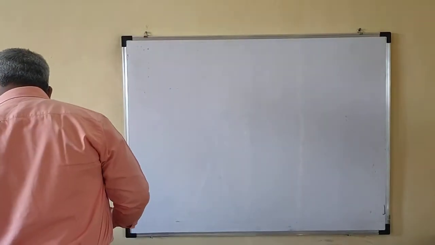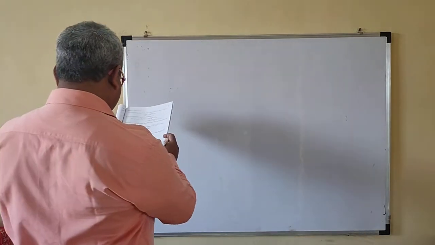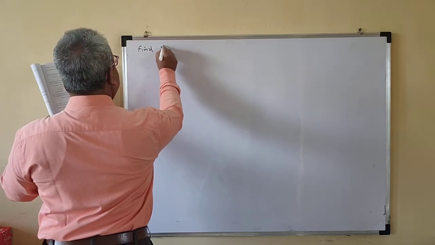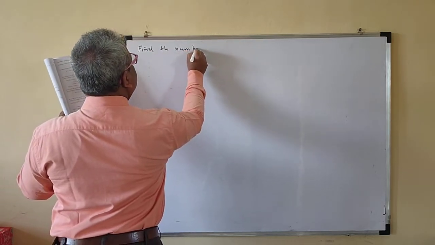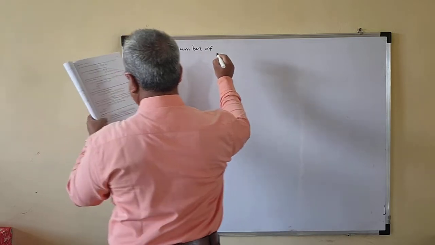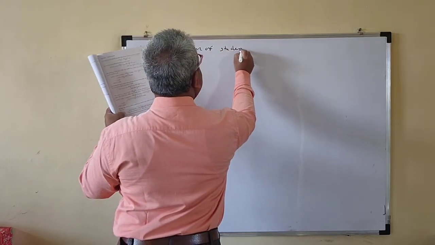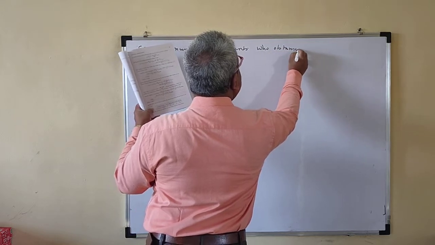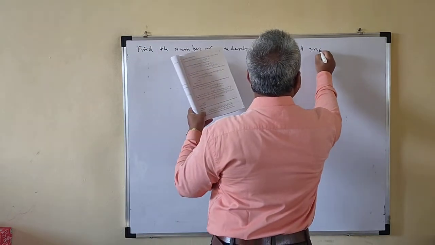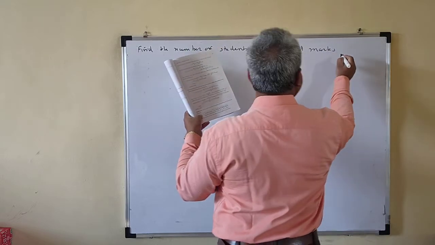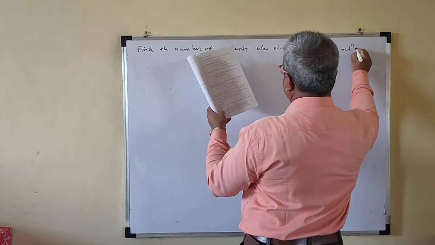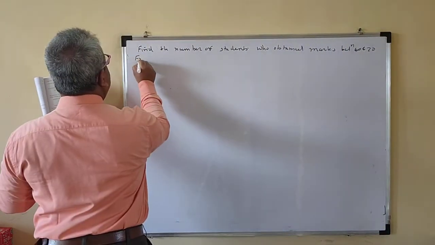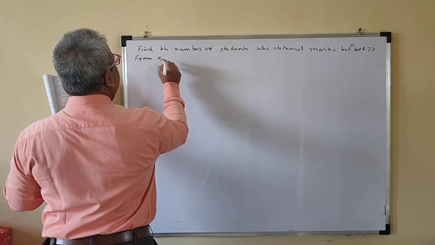Okay. So now we'll take a problem. Find the number of students who obtain marks between 60 and 70 from the following data.